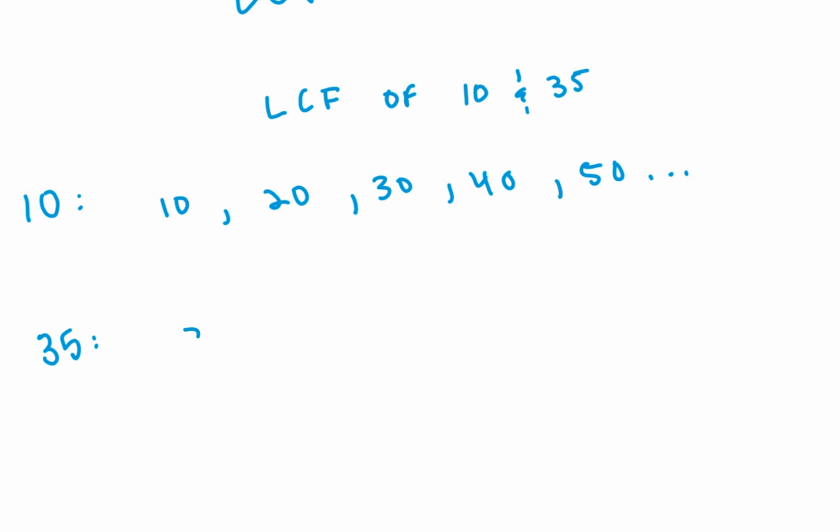For 35, we have 35, 70, 105, and we have 140, and so on. We don't necessarily have to go too far down the line. We actually didn't even have to put the 105, but I just stated some of the multiples of 35.